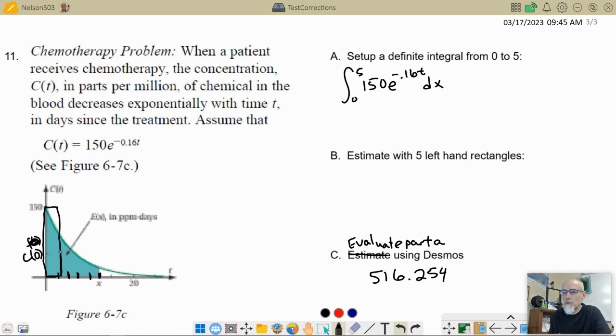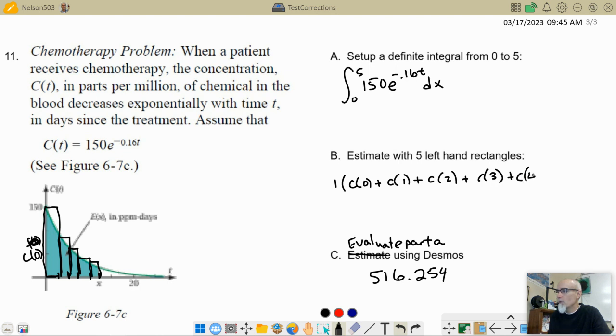And then the next one's going to be c of 1, and then c at 2, and the next height's going to be c at 3, and the last one's going to be c at 4. So we really want 1 times c of 0 plus c of 1 plus c of 2 plus c of 3 plus c of 4.